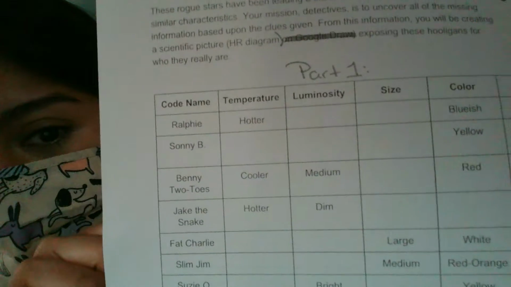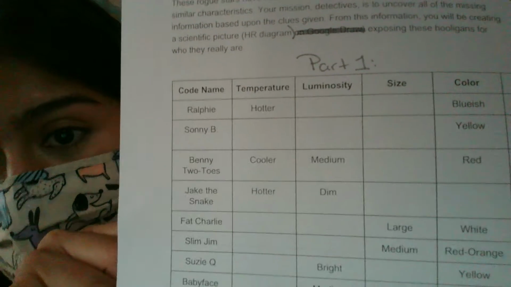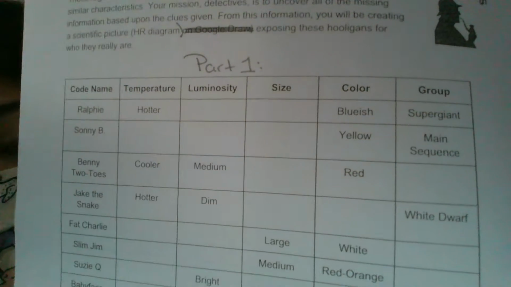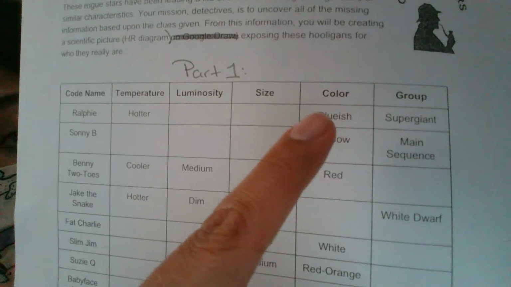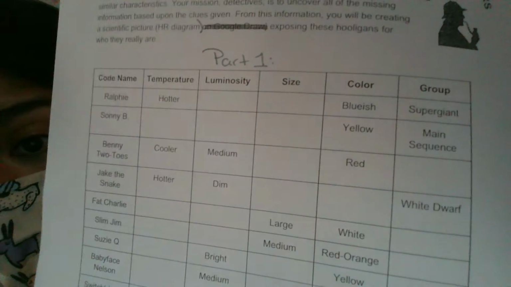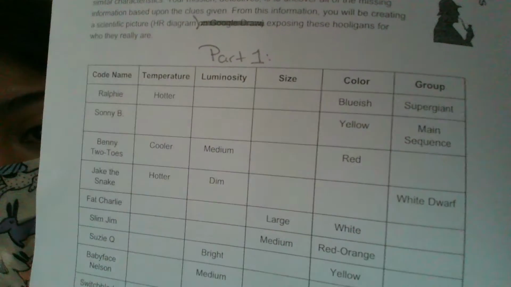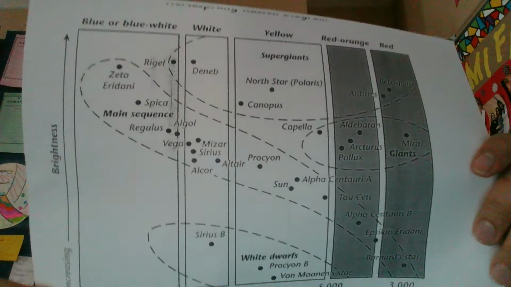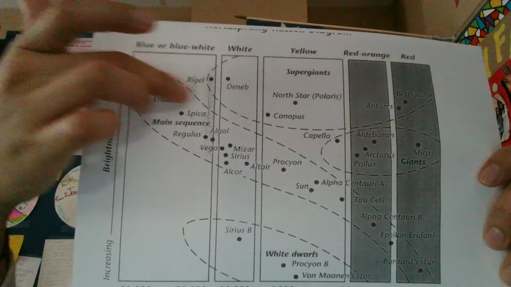So let's start with the first one. The first one is Ralphie. The temperature is hot. We don't know the luminosity. We don't know the size. But look, we know the color. The color of Ralphie is blue, and it's a super giant. So if it's hot and bluish and a super giant, when I look at my HR diagram, blues are right here, the super giants, right?